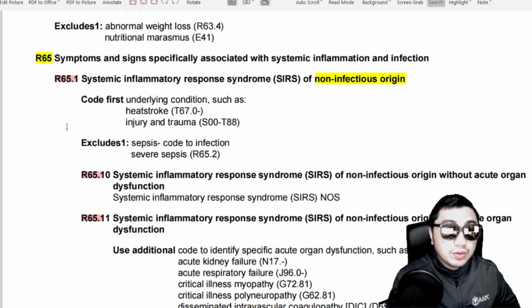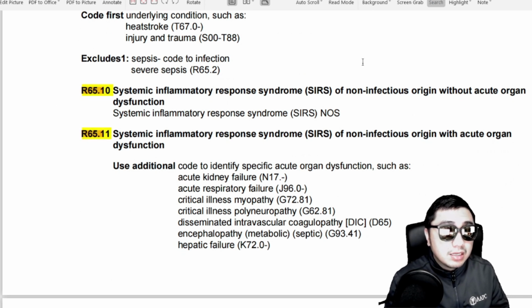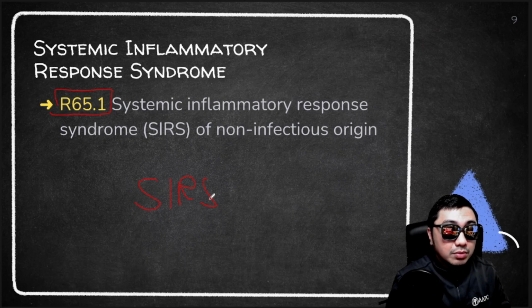Okay? So you have R65.10 and R65.11. The main difference between the two is whether it is associated with an acute organ dysfunction or not. So that's the only thing that you need to double check. Okay, so that's going to be it.